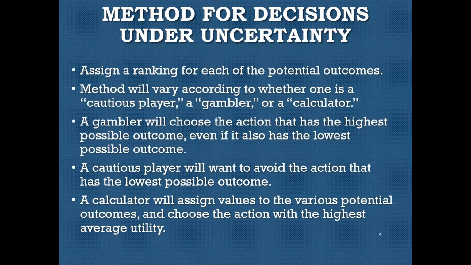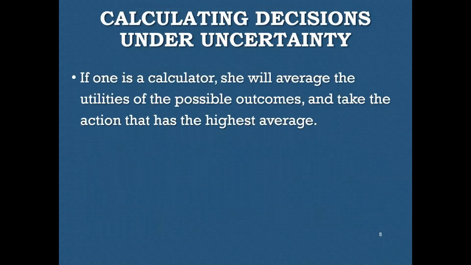Now, probability really isn't involved here because you don't know the probability of various outcomes, but you still can use this method of calculating to determine what to do. So if one is a calculator, she's going to average the utilities of the possible outcomes. And then once you've done that, you simply take the action that has the highest average. That's going to be the way to maximize utility.